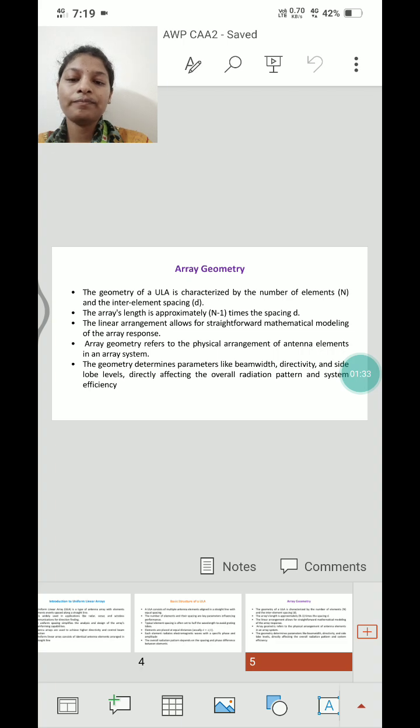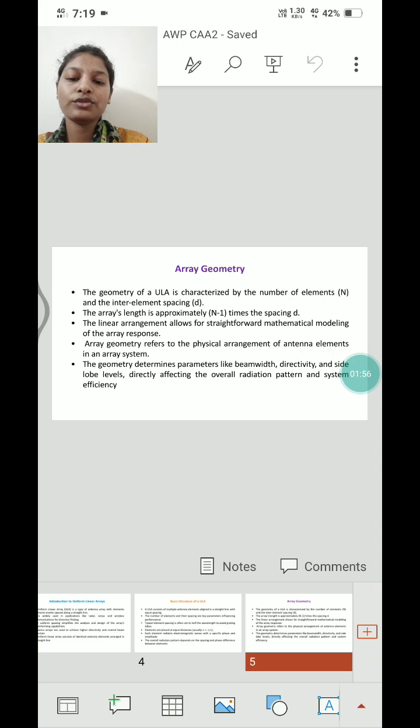Next, array geometry. The geometry of the ULA is characterized by the number of elements and the inter-element spacing. The array length is approximately N minus 1 times the spacing d. The linear arrangement allows for straightforward mathematical modeling of the array response.